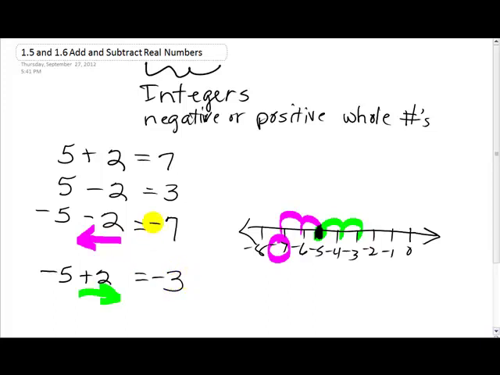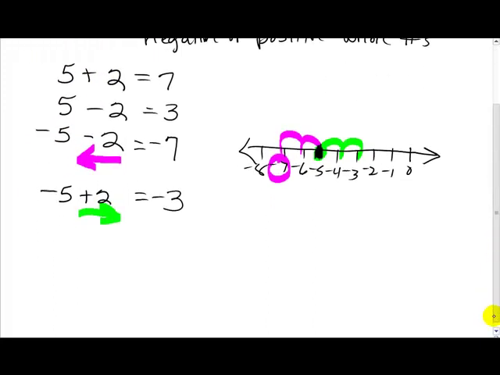So when I'm looking at these, 5 and 2, I get a 7. I'm adding. Well, here I get a 7 also. So really what I'm doing is I'm adding here. These are both positive. These are both negative. And so we're going to say the signs are the same.